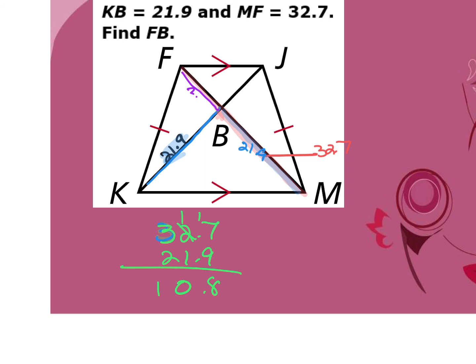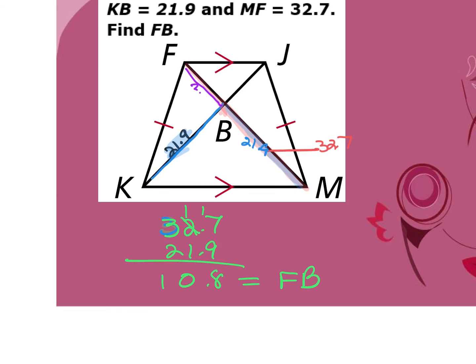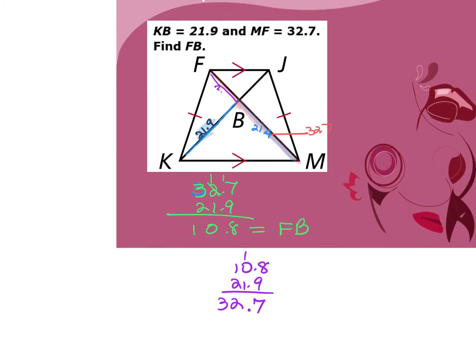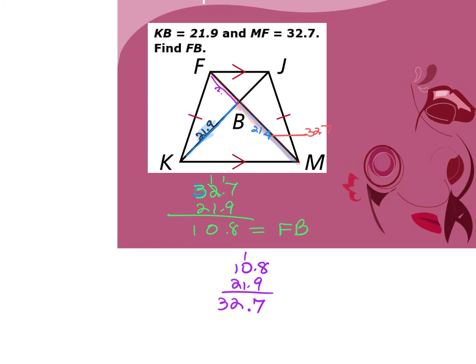So FB equals 10.8. If you wanted to double check it, you should be able to add 10.8 plus 21.9, and it should give you 32.7, which it does. So you can double check that, because I know that the diagonals in an isosceles trapezoid are congruent.